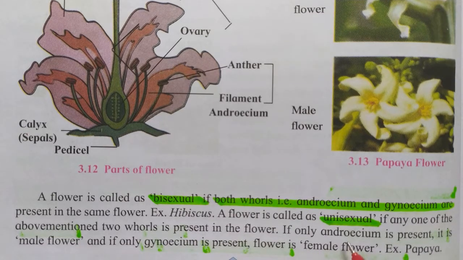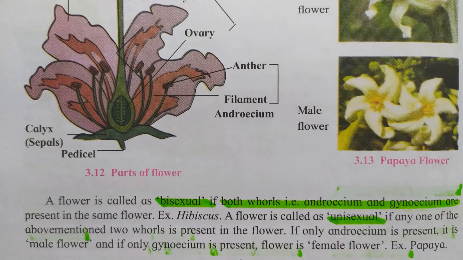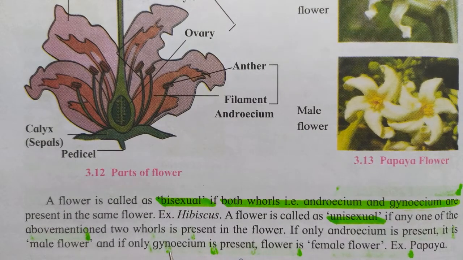If only androecium is present, it is called a male flower. And if only gynoecium, that means female part, is present, the flower is called a female flower. Example which is given to you is papaya.